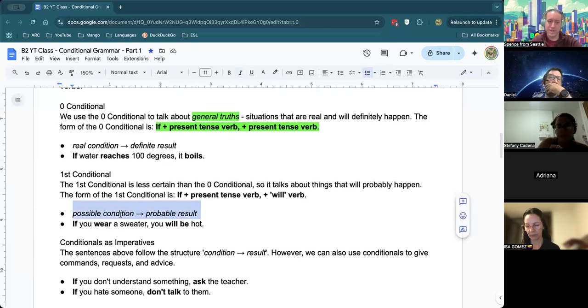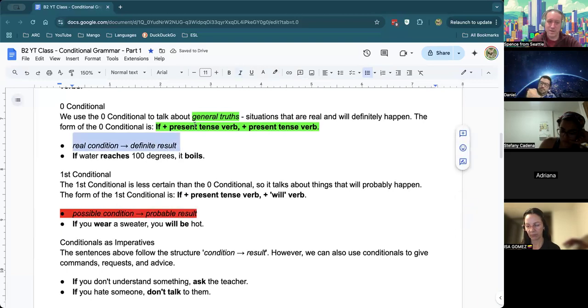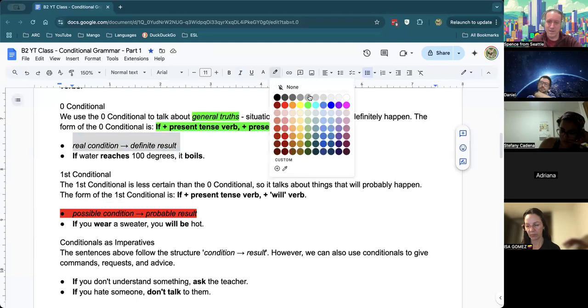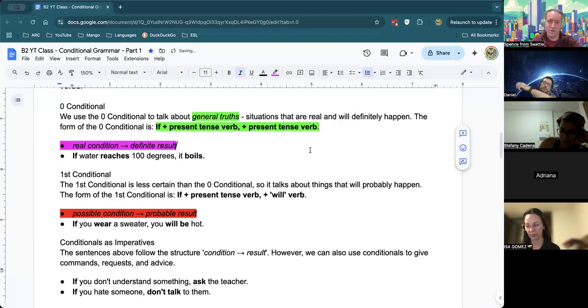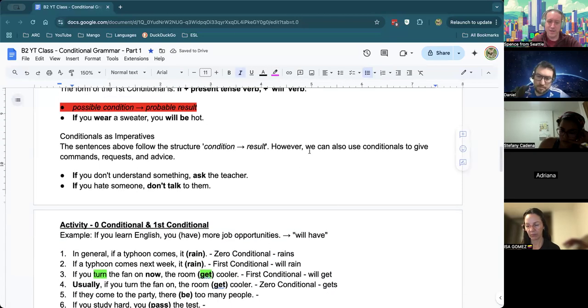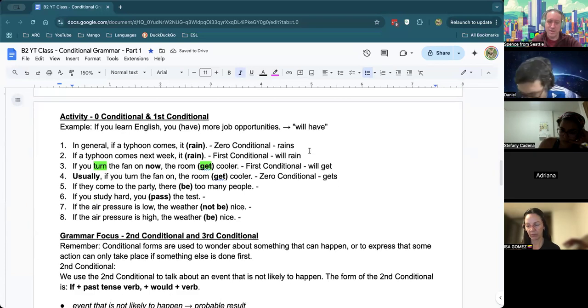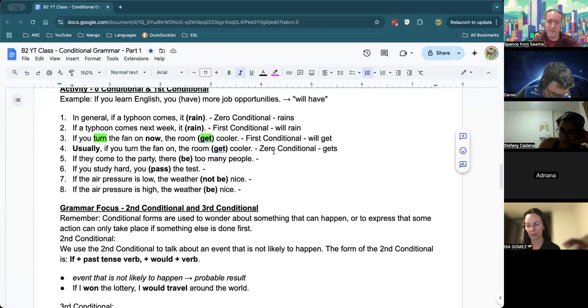So here, first conditional, we're talking about possible conditions, possibilities. Whereas here, we're talking about for sure, without fail. So how would we take B and make it into simple future?